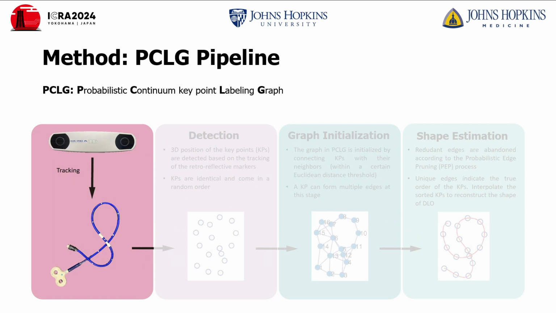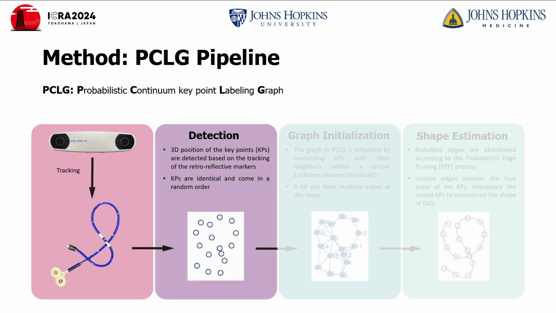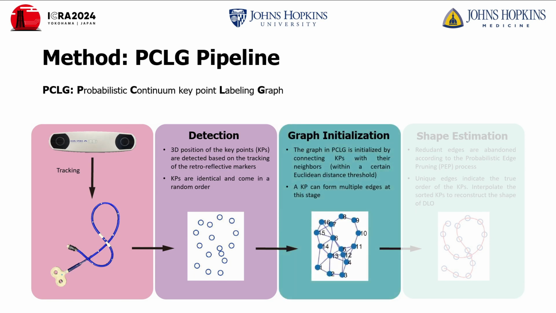The method is called PCLG, which is Probabilistic Continuum Key Point Labeling Graph. The whole paradigm involves 3 steps. First, we use the optical tracker to track the retroreflective markers attached to the DLO. Second, the detected markers are considered as the key points, and we connect the KP based on a Euclidean distance threshold.